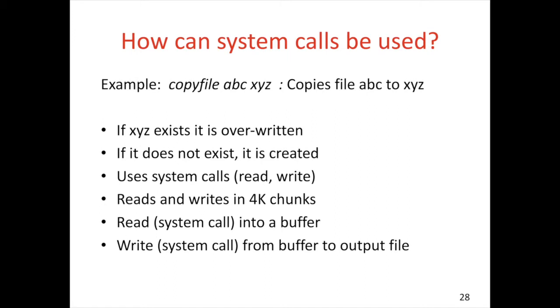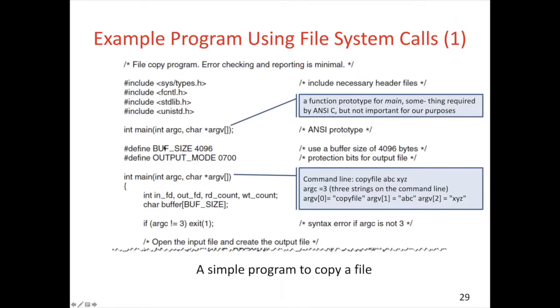If it does not exist, it is created. It uses the system calls read and write, in 4K chunks. It reads by the read system call into a buffer and writes by the write system call from the buffer to the output file. This is a simple program to copy a file.